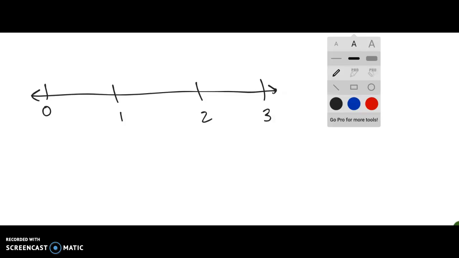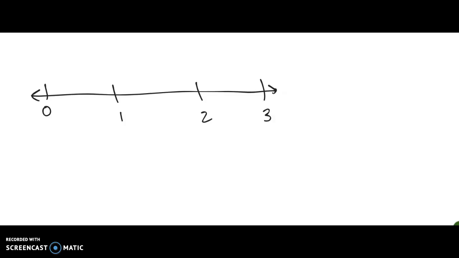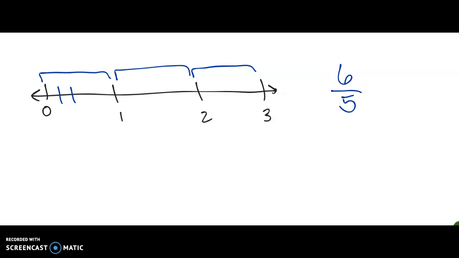So I'm going to give an example of a fraction, and the fraction is going to be 6/5. Yes, this is an improper fraction. So we're going to see where 6/5 lands on the number line. Well, first we look at our denominator, and we know that the denominator is 5. So each one of these wholes is going to be divided into 5 pieces. So let's begin. 1, 2, 3, 4, 5, which is my whole.